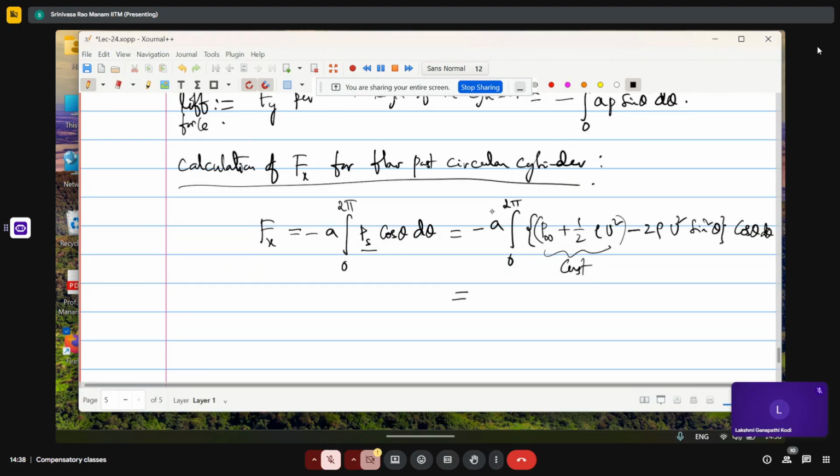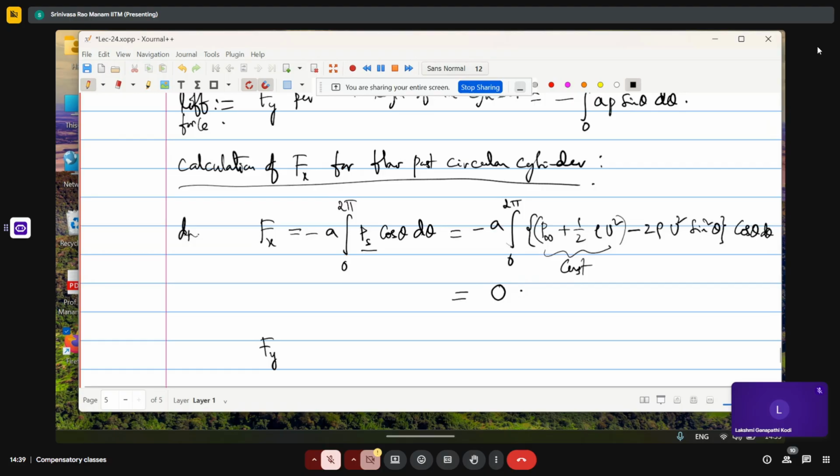But because you're integrating over 0 to 2 pi, sin theta at the limits is 0, so the value will be zero. Or you can calculate by looking at sin square theta cos theta; this integral will be 0. So finally you get 0 here. Just check it.